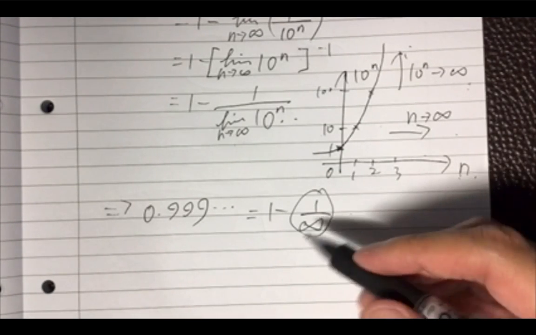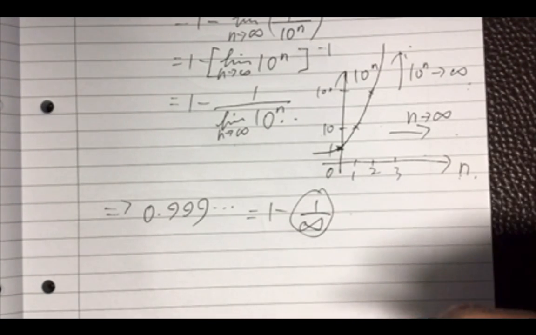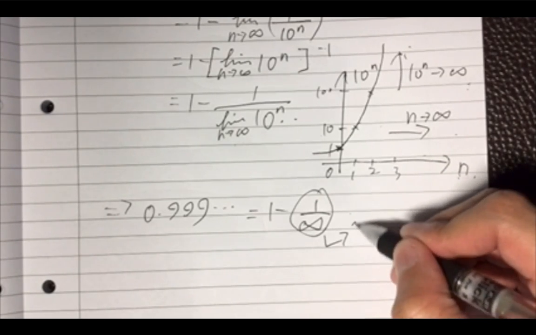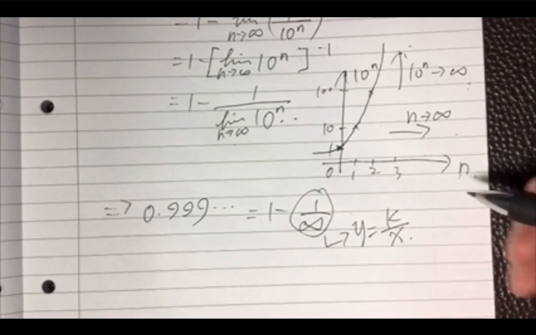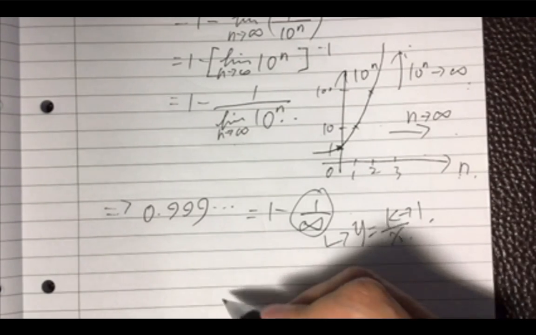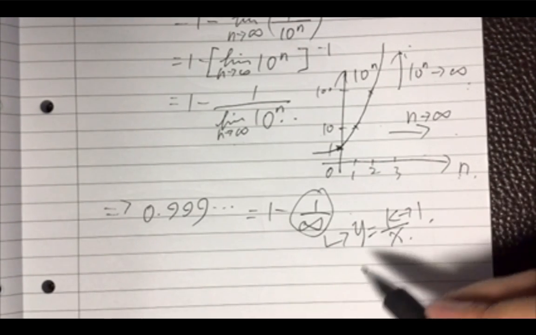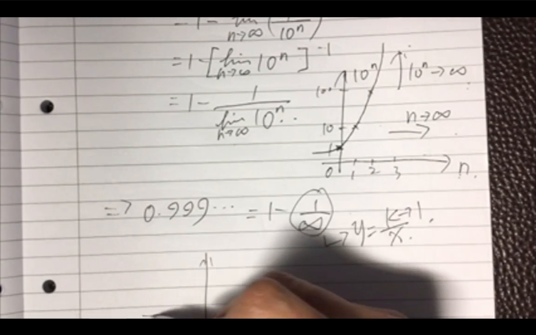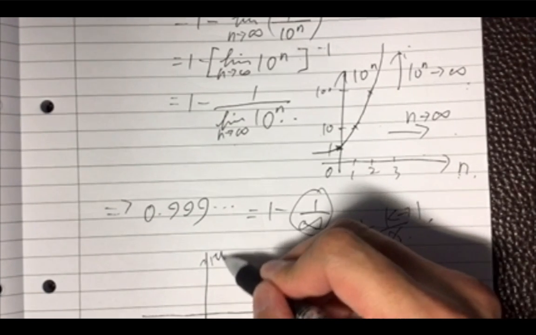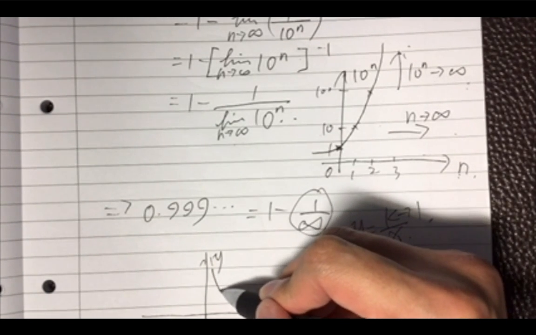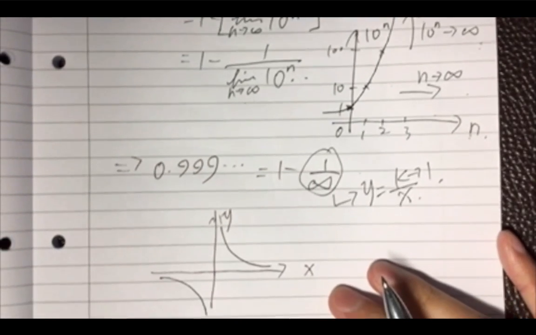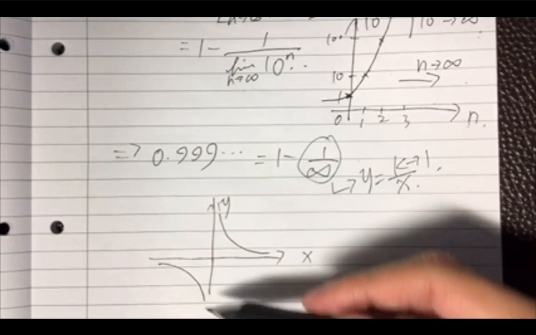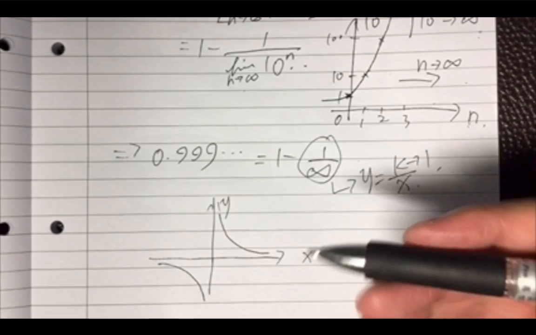It's quite similar to what we have already learned as y equals k over x, right? In this case, we know that k is 1. And we draw this y equals k over x. We have learned before in secondary school. Something like this. We don't need to care about this part, right? We just need to care about this part.